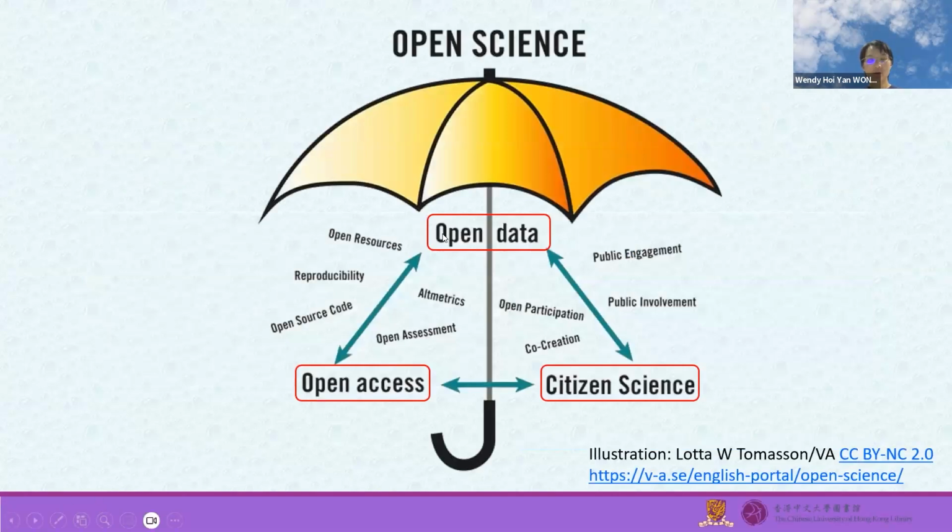And we have talked about sharing data, how data should be reproduced and shared. It involves the topic of open data. And open data also involves open access and citizen science. Open access means opening your research outputs, for example, journal articles in open access journals. With public involvement, that creates the topic of citizen science.